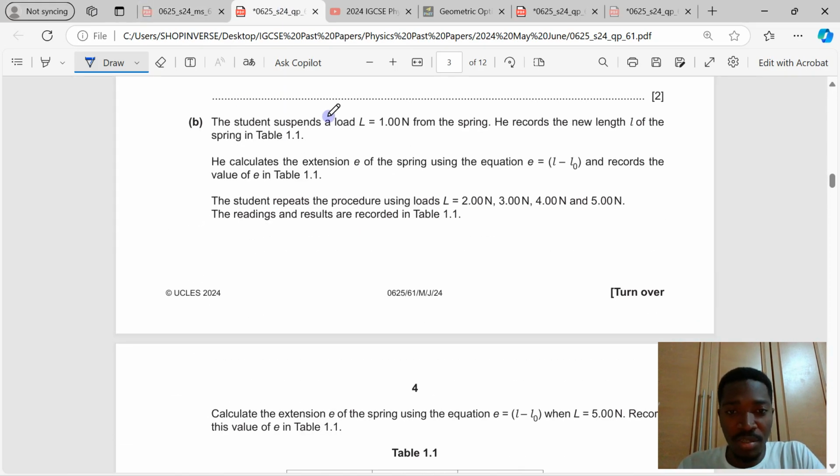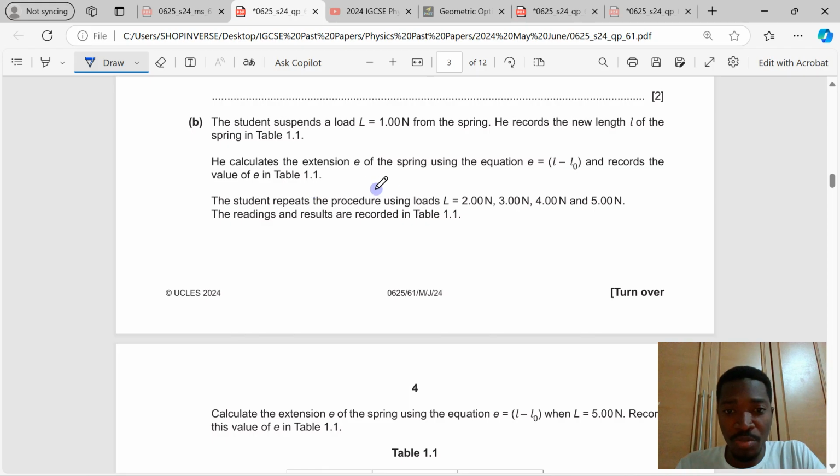The student suspends a load L equals 1.00 Newton from the spring. He records the new length L of the spring in table 1.1. He calculates the extension E of the spring using the equation E equals L minus L0, and records the value of E in table 1.1.